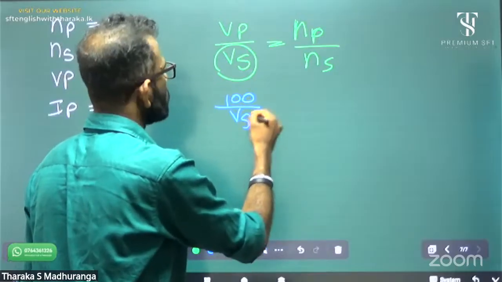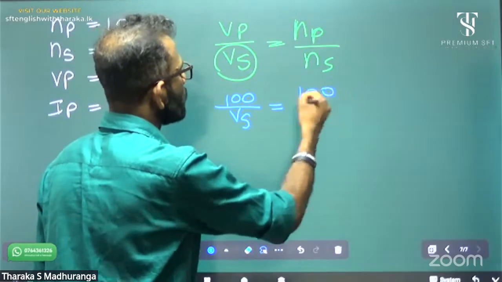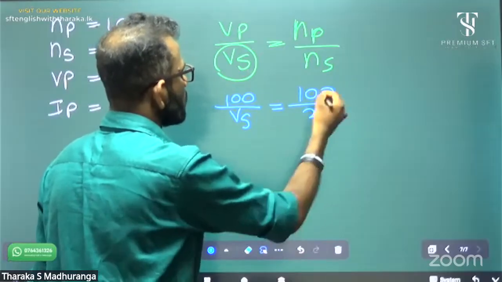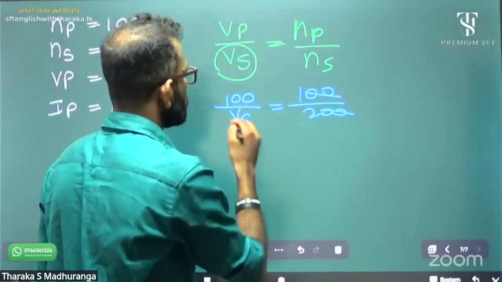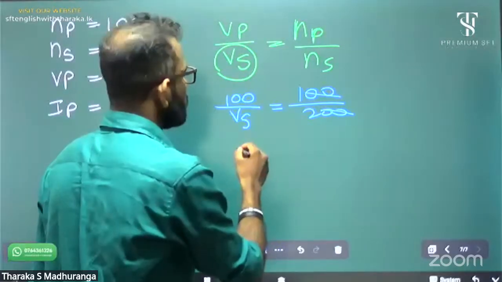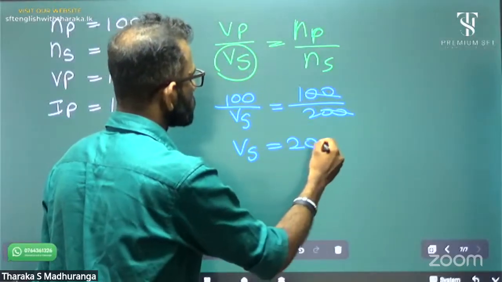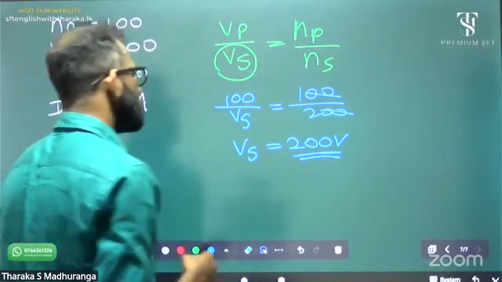VS we don't know. NP 100 over NS 200. Now zeros cancel. VS equals 200 volt.